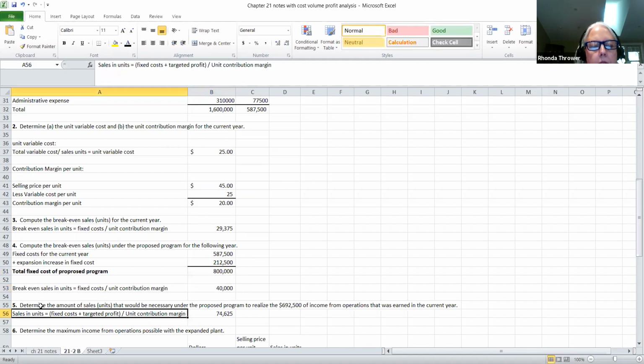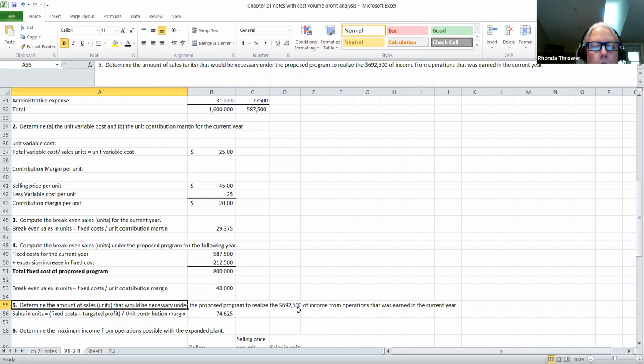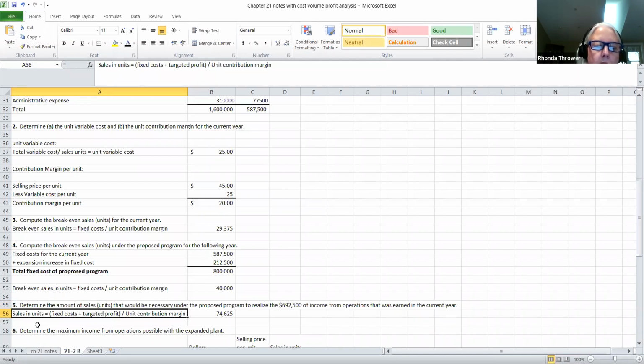In part 5, they want you to determine the amount of sales units that would be necessary under the proposed program to realize a targeted profit of $692,500. So this is an example of where you're going to have to find the break-even sales in units for a targeted profit. I guess you shouldn't call it break-even sales in units, you should just call it sales in units.